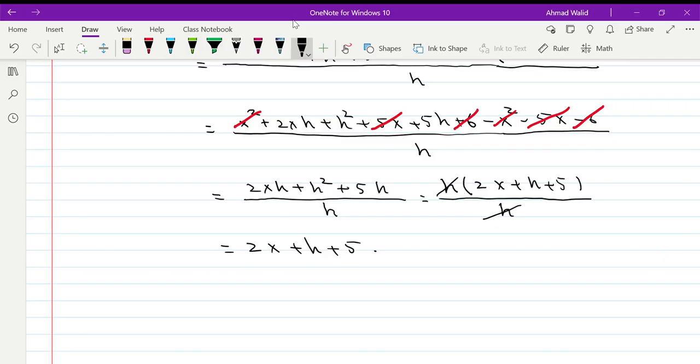When you go to calculus, there will be one more thing here. Limit as h approaches 0, and you plug in, and at that time you will know what a limit is. You plug 0 here and you will end up with 2x plus 5, which is the first derivative of that given function. I'm not going to discuss it. I'm trying to show you what you learned today.